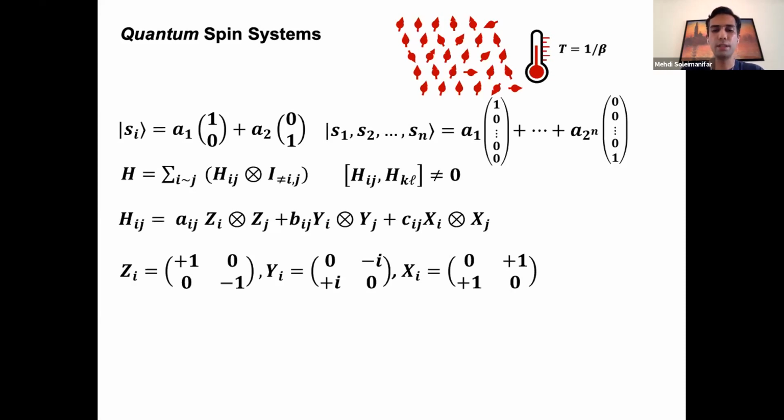And then a, b, and c are just arbitrary coefficients. So now if I look at these h_ij's of adjacent edges, they don't necessarily commute. And as I'll describe later, this complicates studying this quantum system.